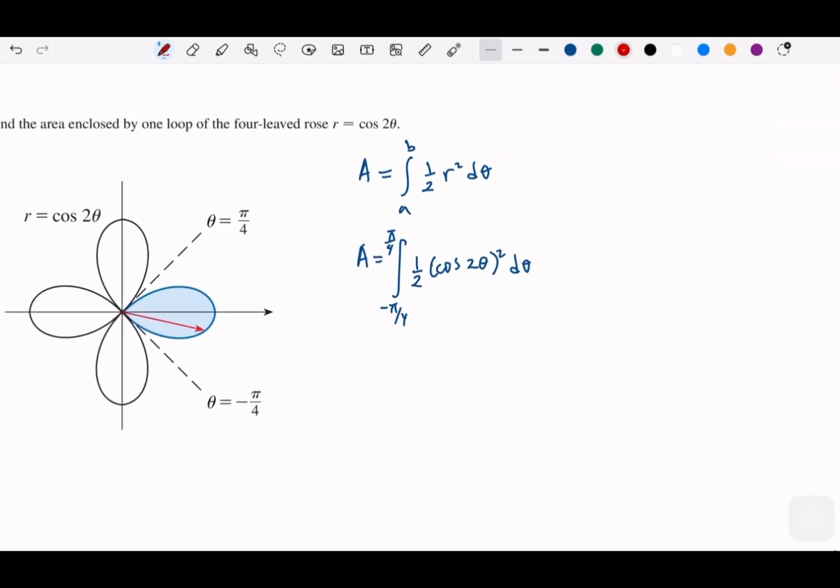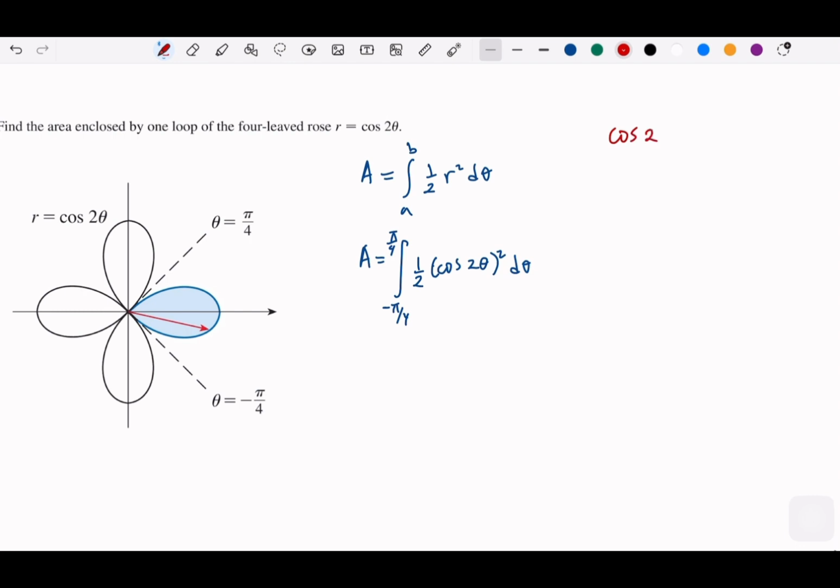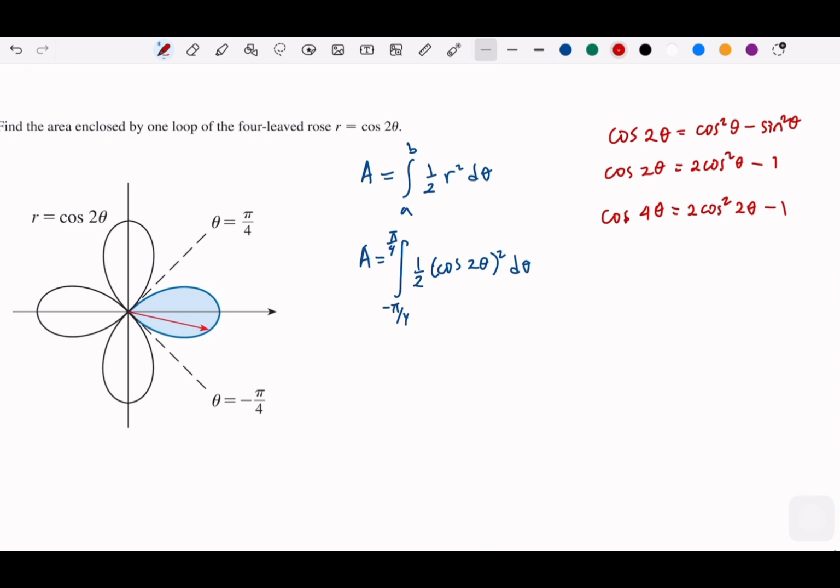Let me write the standard double angle formula here. Or maybe let me write the complete one. Start from here. So if we have cosine squared 2 theta, we are expecting there will be 4 theta. Okay.